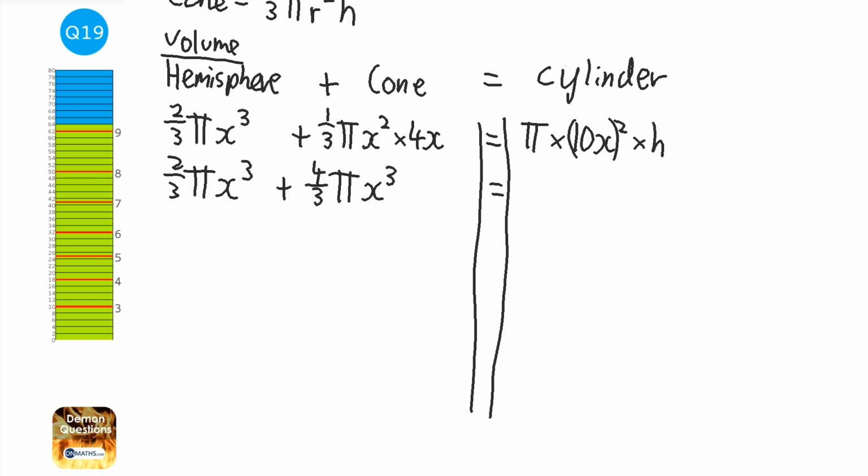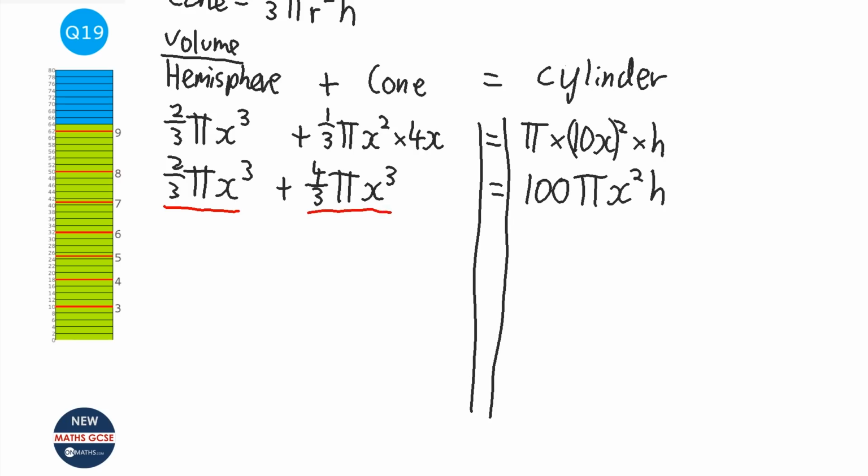This one, I'm doing the 10x squared, so I need to square the 10 and the x, so it's going to be 100. And let's do the pi next, pi, and it's going to be x squared h. Okay, now if you notice on the left hand side, these two here are the same.